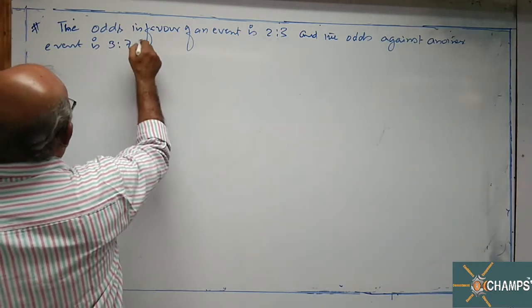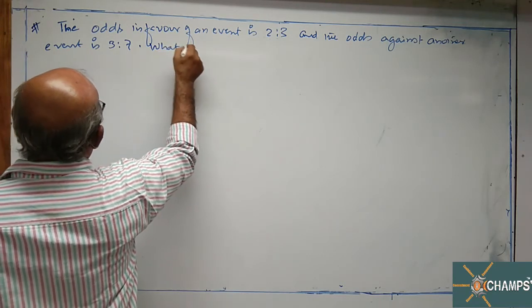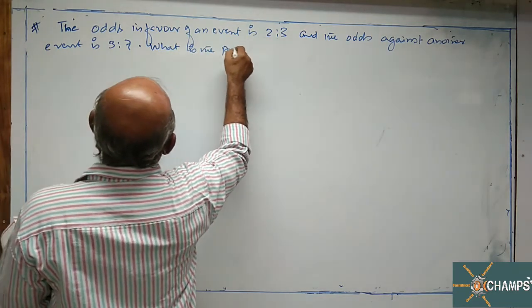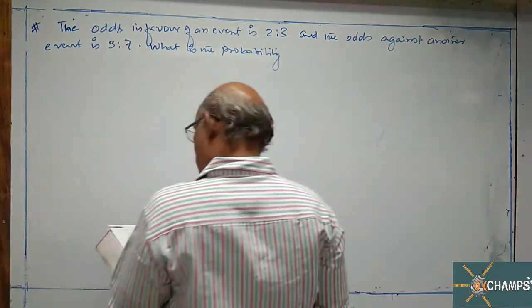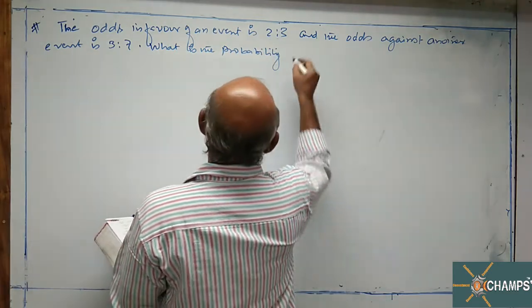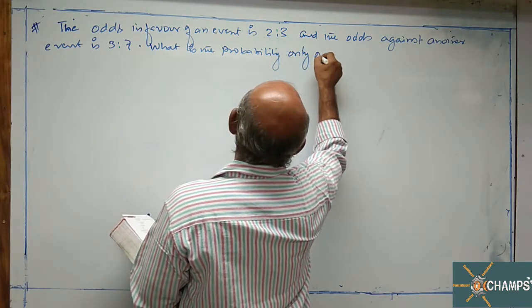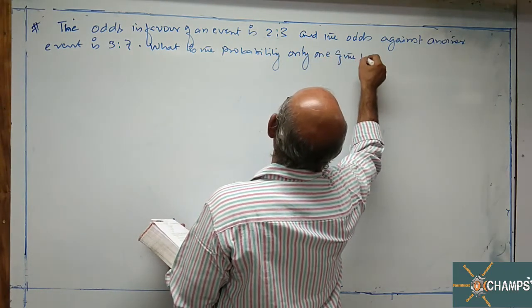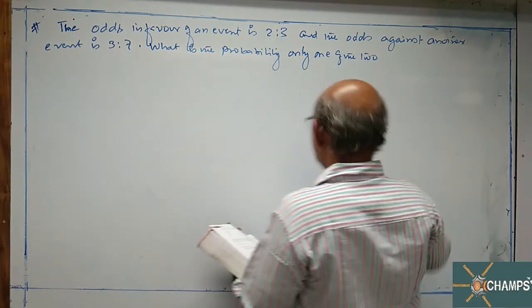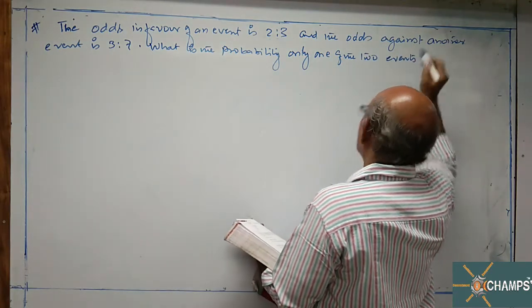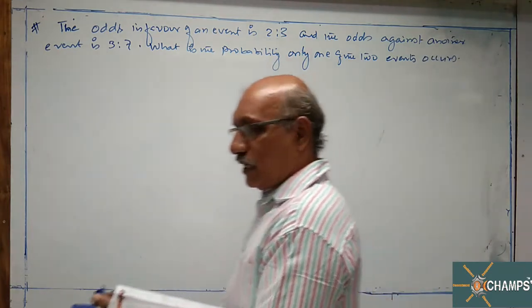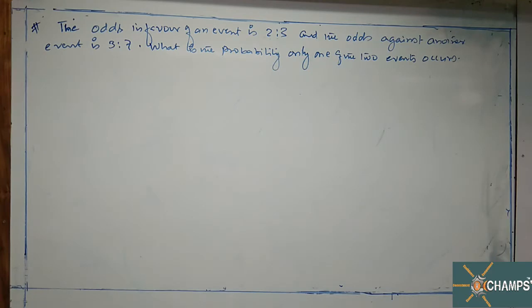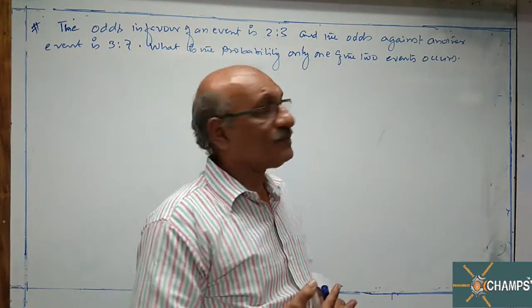What is the probability that only one of the two events occurs? This is my question, sir.